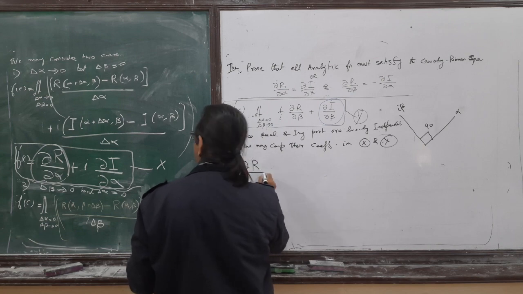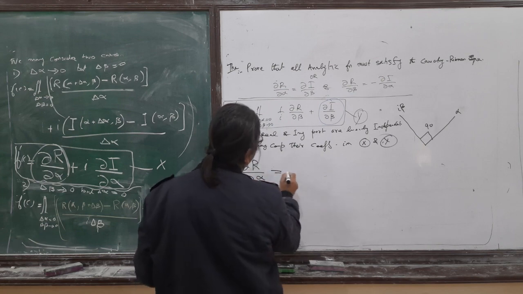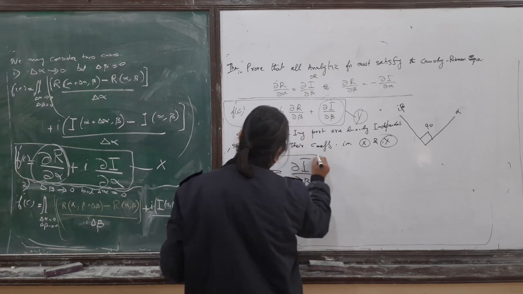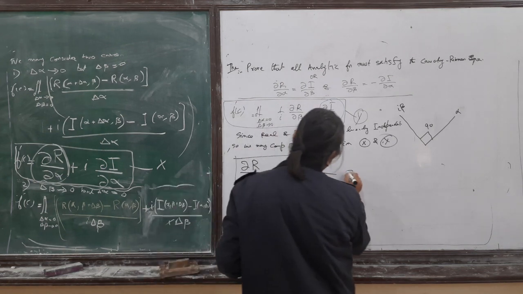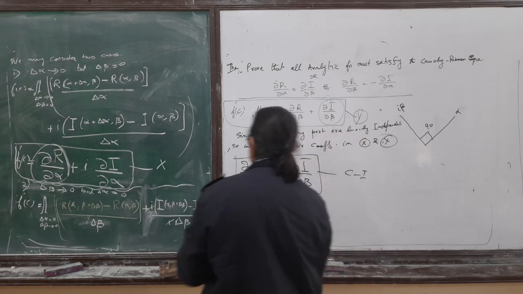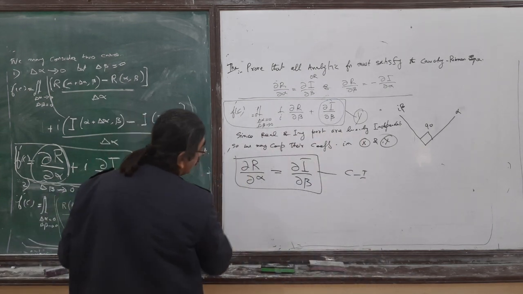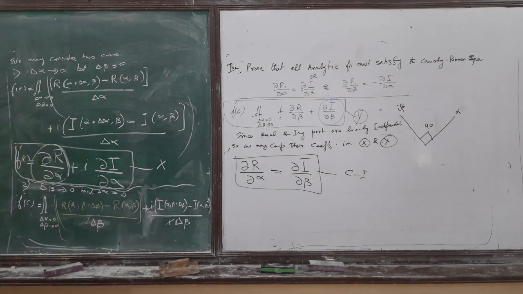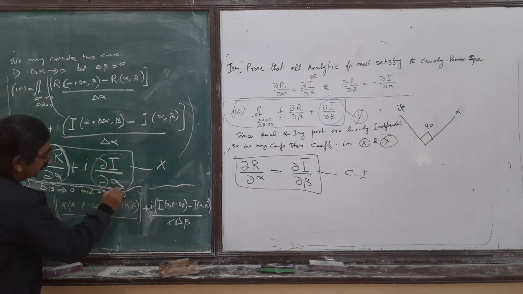partial R over partial alpha will be equal to partial I over partial beta. C1 satisfies. Okay. And this is imaginary.